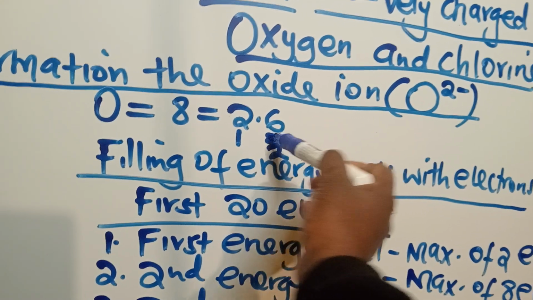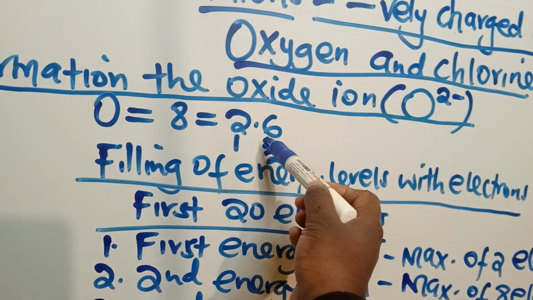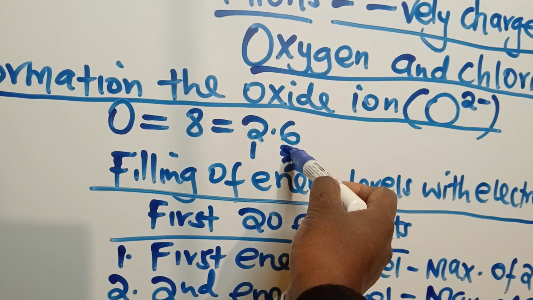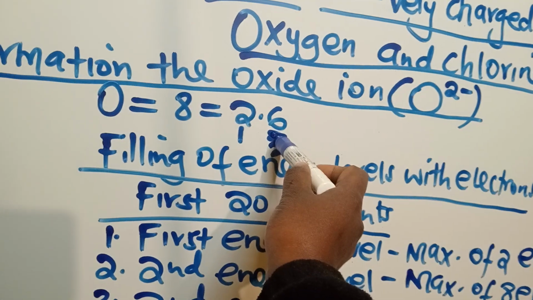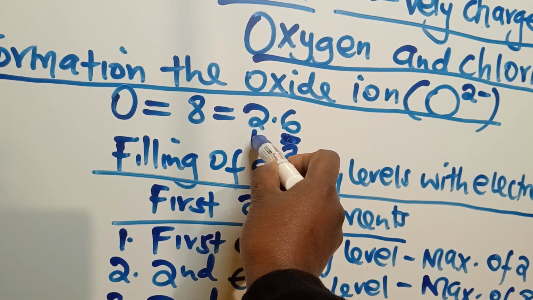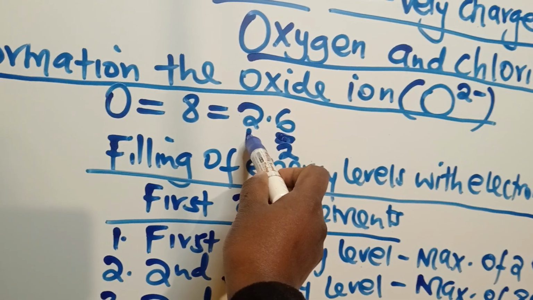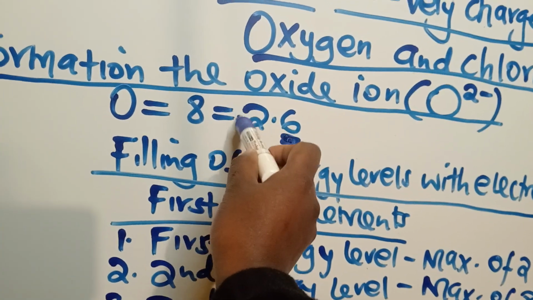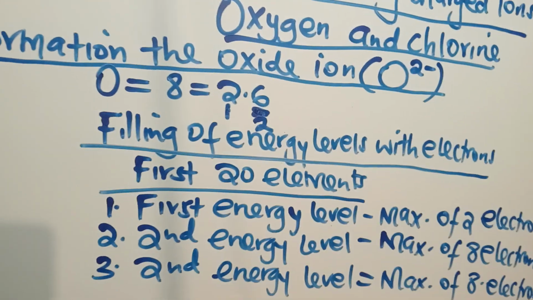For this oxygen, the outermost is also the second energy level. These two electrons are in the first energy level, which is also the innermost, meaning the position of the nucleus is just on the far left hand side.